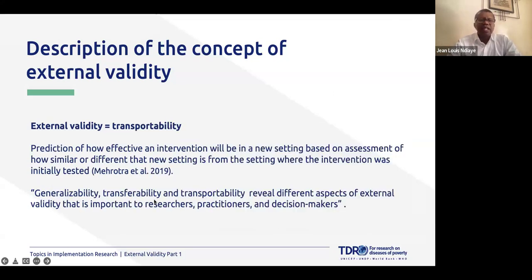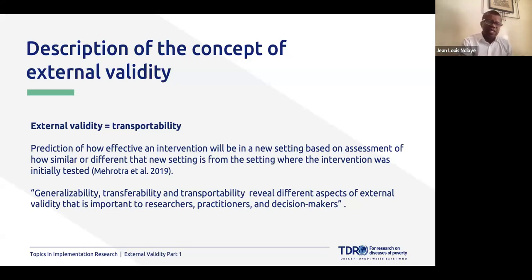And the third concept, after generalizability and transferability, is transportability. Transportability is whether the findings in one setting could be used to generate a valid estimate in another: the prediction of how effective an intervention will be in a new setting, based on an assessment of how similar or different that new setting is from the setting where the intervention was initially tested.